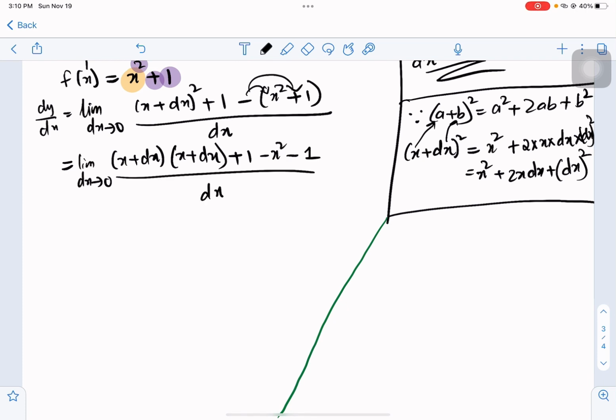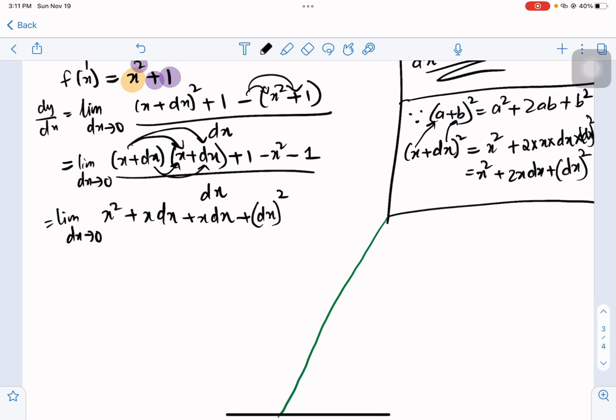Then you can open up the bracket one by one. So if you do not remember the formula, you can do it in this manner as well. So x squared plus x dx, then this is x dx, then this is dx squared. Please put this in a bracket. This cannot be separated, it's attached together. So plus 1 minus 1 gets cancelled, and you have negative x squared.